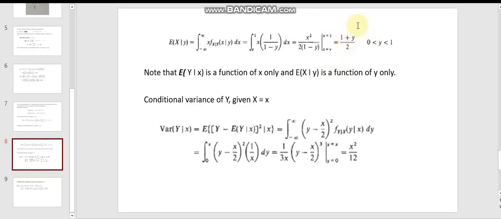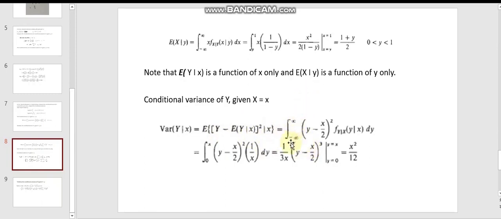As I already explained, the expected mean of x given y is a function of y. Similarly, the expected mean of y given x is a function of x. Now let us talk about the conditional variance of y given x. We already know the formula: we take the expected value of y minus the mean of y, with square.